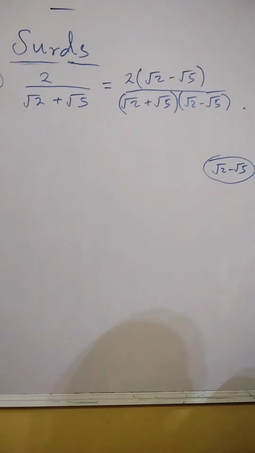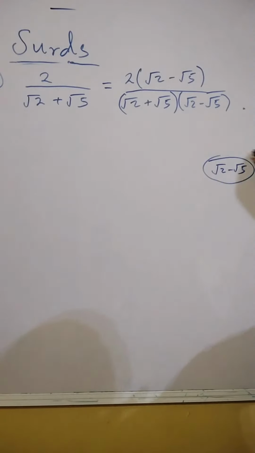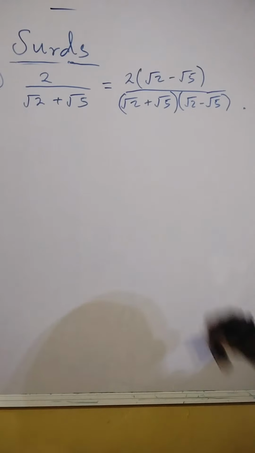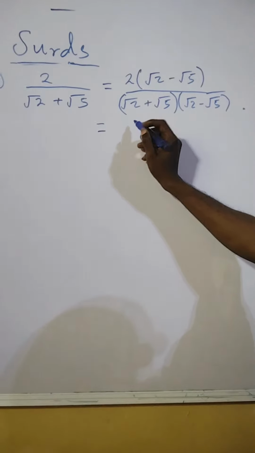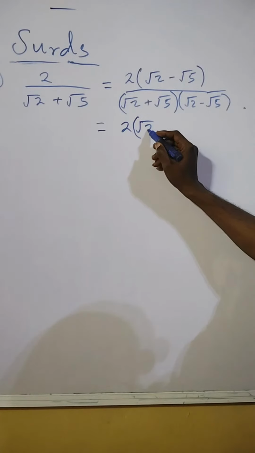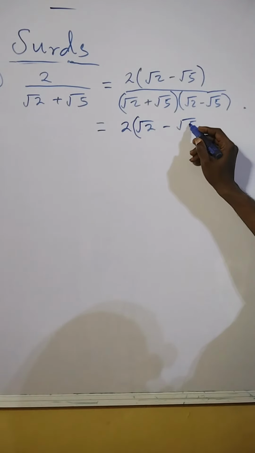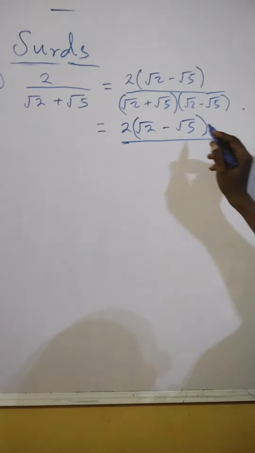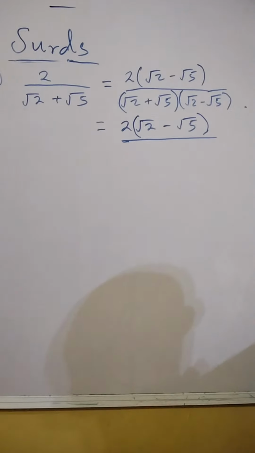Okay, so we can simplify further now, and we open these brackets. And since what we have here is just 2, we can decide to leave this as 2 into bracket root 2 minus root 5 here, then divided by, here these are conjugate surds.